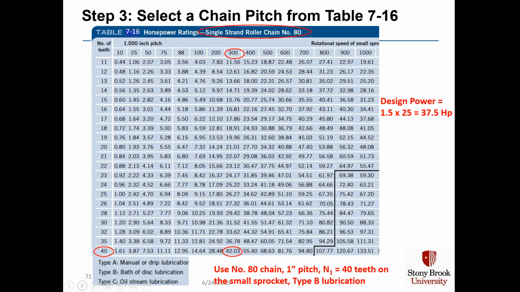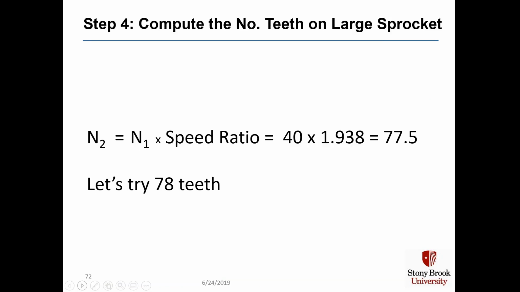We need to select a design power of the chain that's greater than 37.5 horsepower, and the only one on this chart is 42.03 horsepower for the 300 RPM speed rotation of the small sprocket. And this corresponds to 40 teeth. So we're going to use a number 80 chain, which has a 1-inch pitch, and N1 is 40 teeth, and we're going to be using a type B lubrication for the chain.